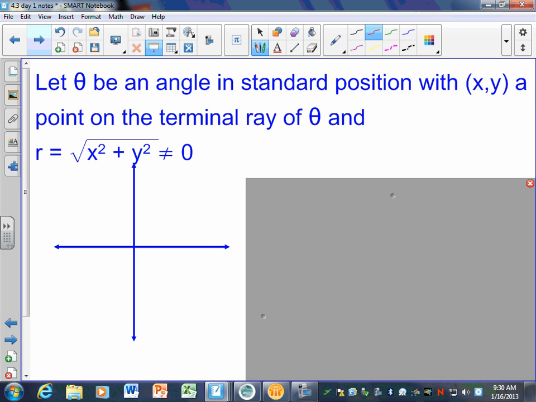And so it says, let θ be an angle in standard position with a point (x, y) on the terminal ray of θ. And r equals the square root of x squared plus y squared, which cannot equal 0. We're going to draw a little picture here so we can see what that means.